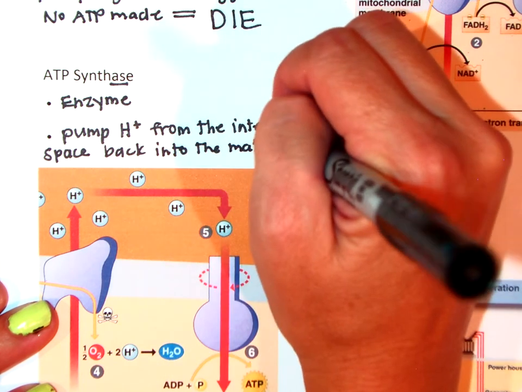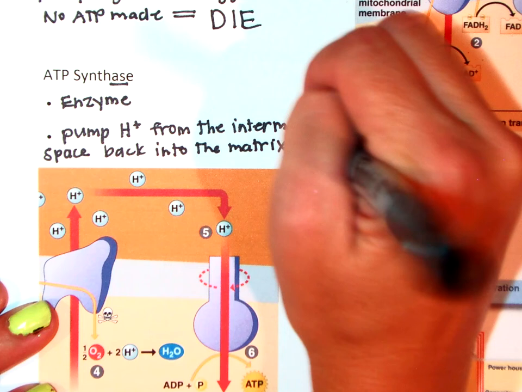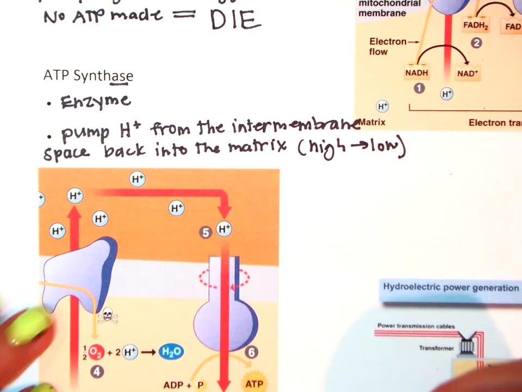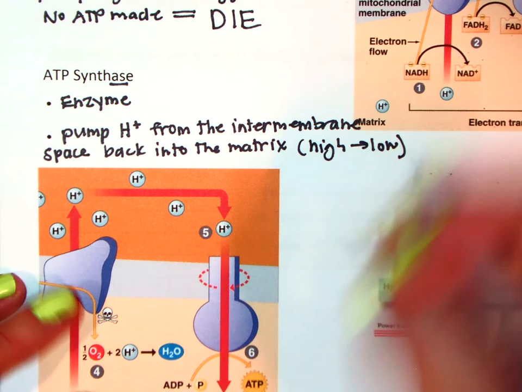So from high to low concentration. And this makes ATP.